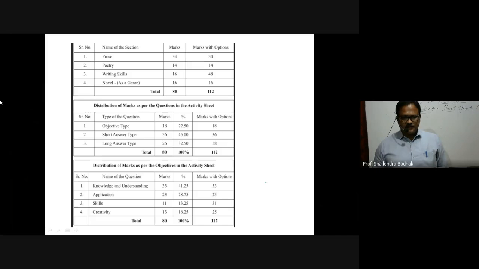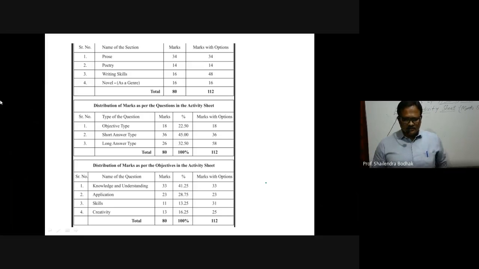Writing skill 16, and marks with options 48. So there are many options, or we can say or, no? Write email or write report, like that. Many options will be there for you. So that writing skill section carries 16 marks, and fourth is novel as a genre. That also carries 16 marks, marks with option 60.